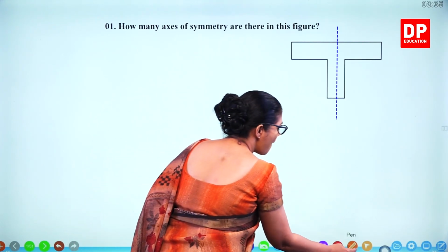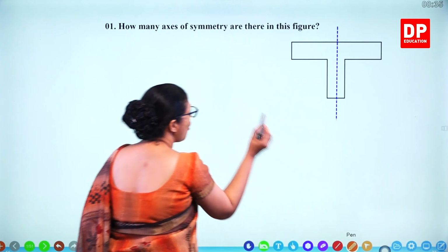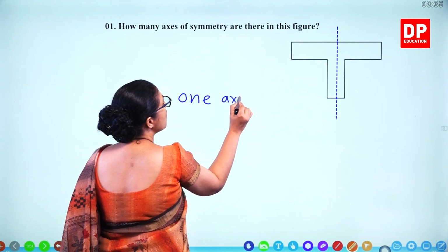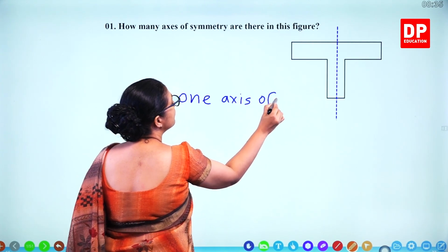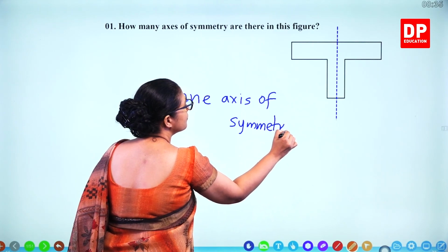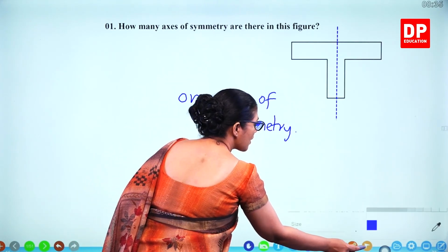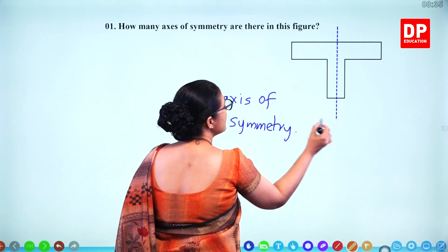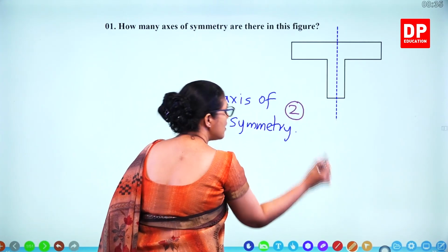Only one we can draw. One axis of symmetry. So 1 mark for showing this and 1 mark altogether, 2 marks.